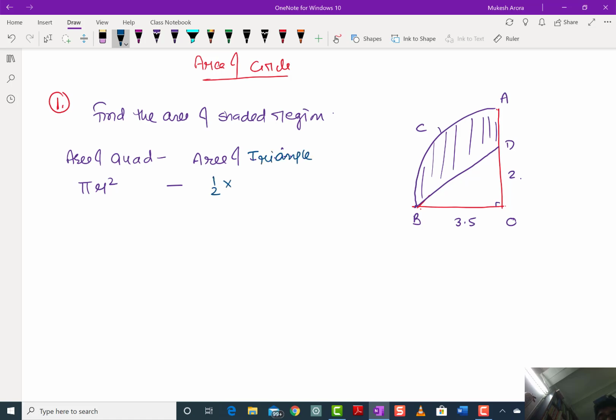Area of triangle is half into base into height. This is 22 by 7. Radius is 35 by 10 into 35 by 10. This is 5, this is 2 and this is 11. This will be 385.